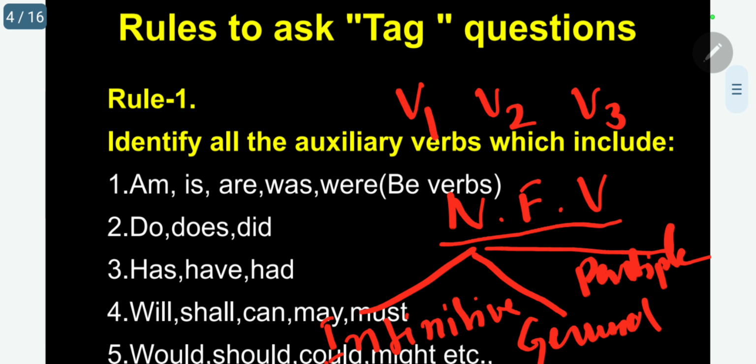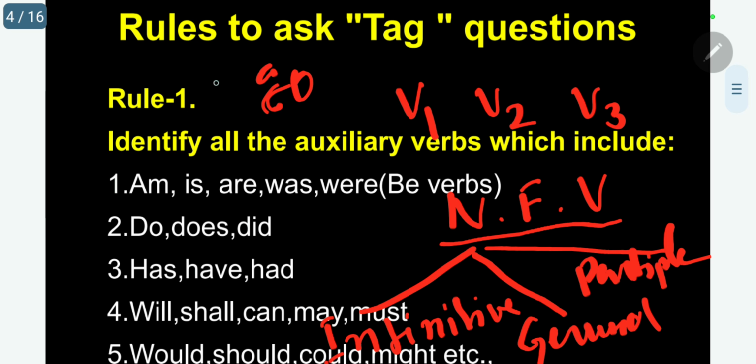Now, to identify non-finite verbs, you take any verb and add "to" in front. Automatically it will be infinitive. Say for example, go. Go is the verb, that is, the go means pogudal.